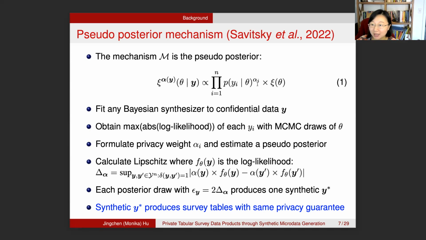I will skip some of the detail over here, but nevertheless, I just want to say that with the methods that we worked on, each posterior draw, after you do this pseudo posterior estimation, is going to provide 2 times delta alpha once you produce a synthetic data set Y star. So we have Y as the confidential, and Y star is the synthetic data. This delta alpha is related to the Lipschitz bounds, and we have a particular way to estimate it.